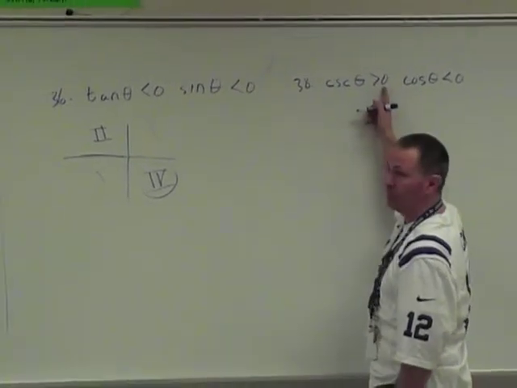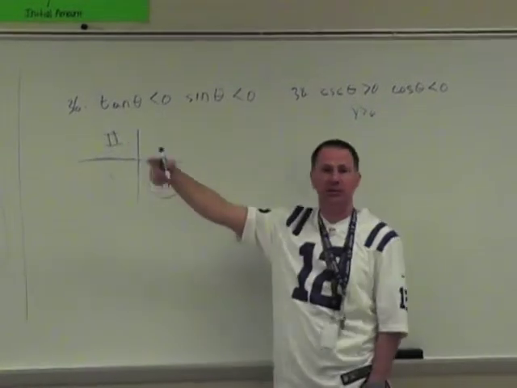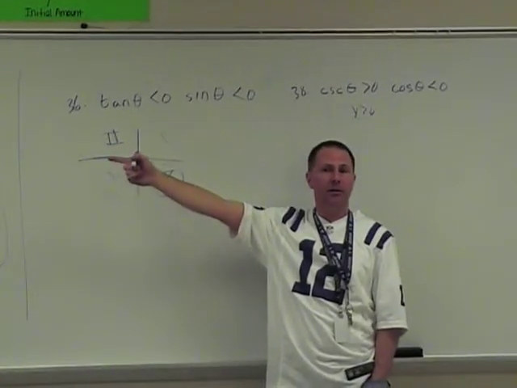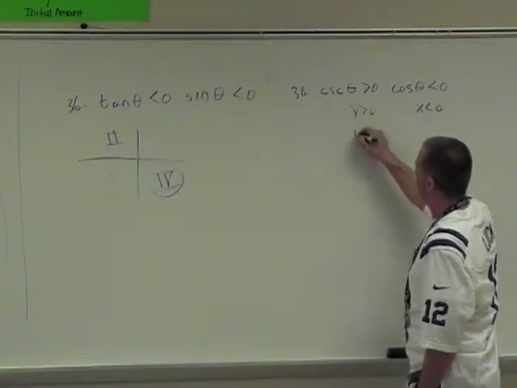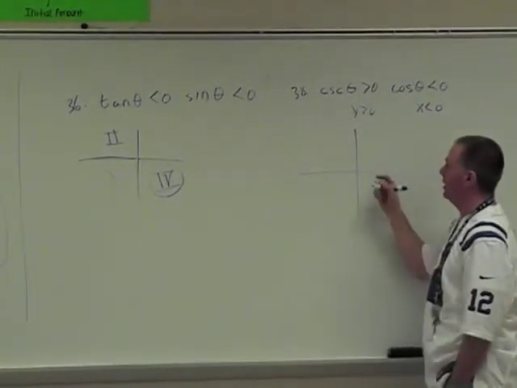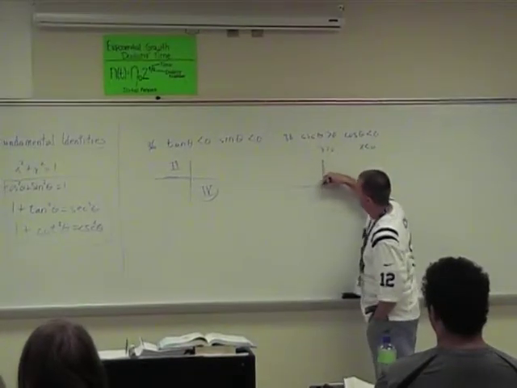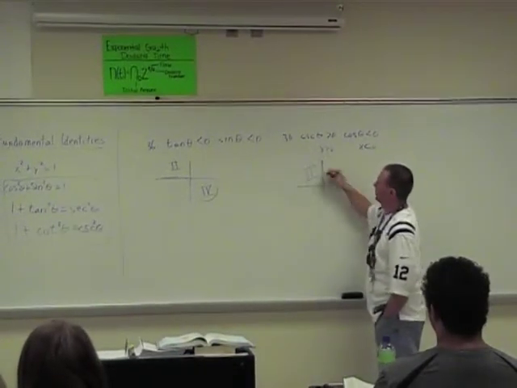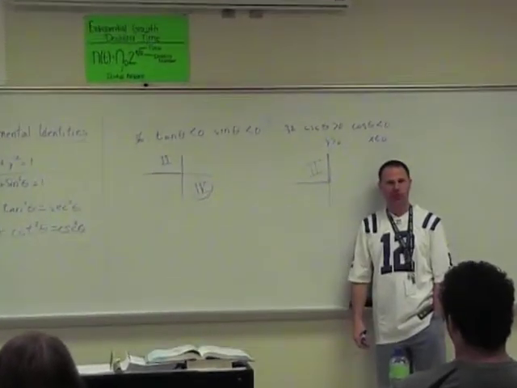We know about the cosine. Cosine is the same as x, and that's just saying x is going to be negative. So where are we? Y is positive, and x is negative. Quadrant 2. All right, now we have those.